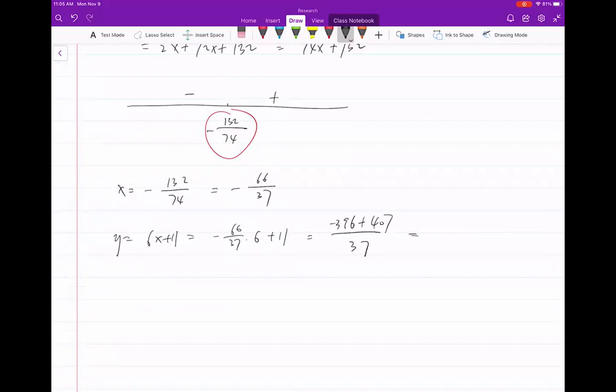Well, not too bad. 66 divided by 37, 11 divided by 37. That's how you do it.